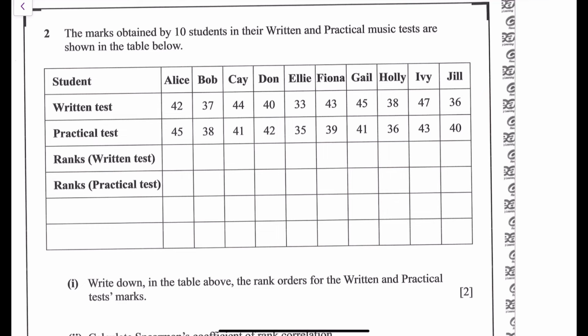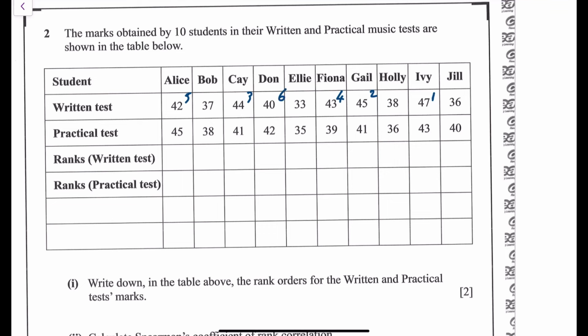So how I would do this, I'm going to put the best one as number 1. So the highest value I can find in the first one is this one, it's 1. The next one then is a 45, so that's my second. Then my third is a 44. Then my fourth is a 43. My fifth then is a 42. My sixth then is the 40.